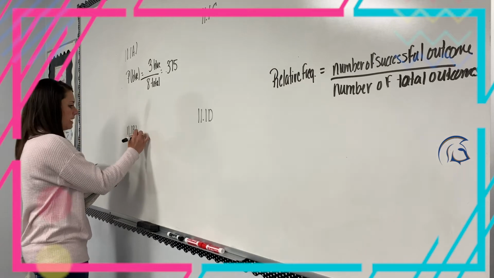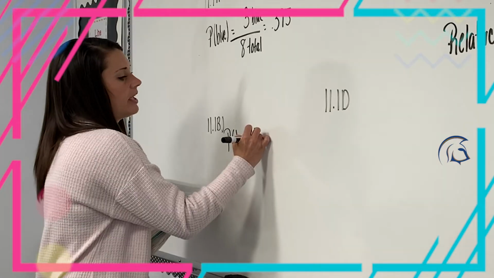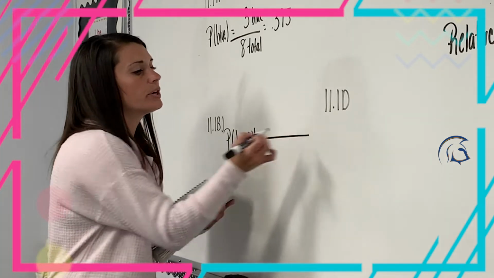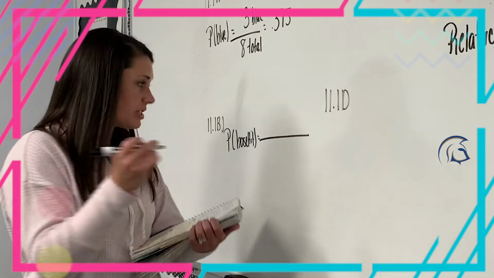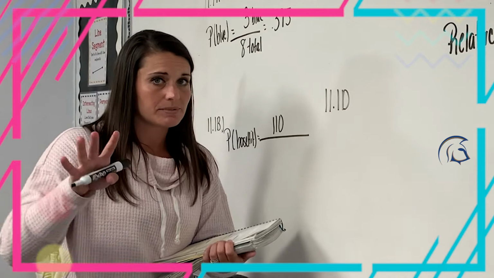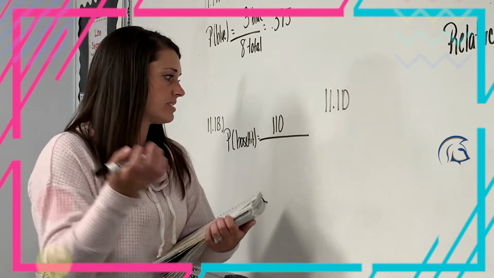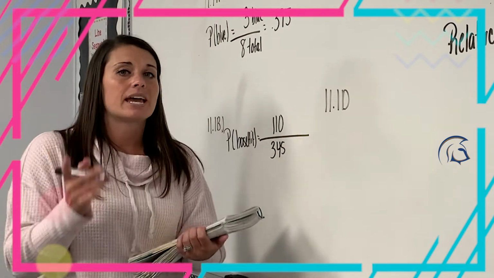The probability of a base hit equals, we are going to put the number of times he actually got a base hit, which is 110 times, over the total times that he was at bat, so 345. Same thing.